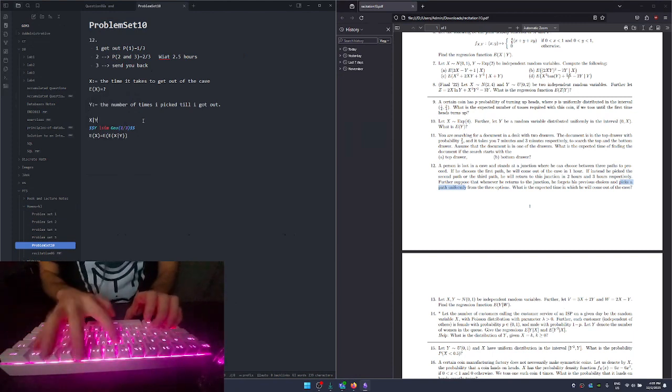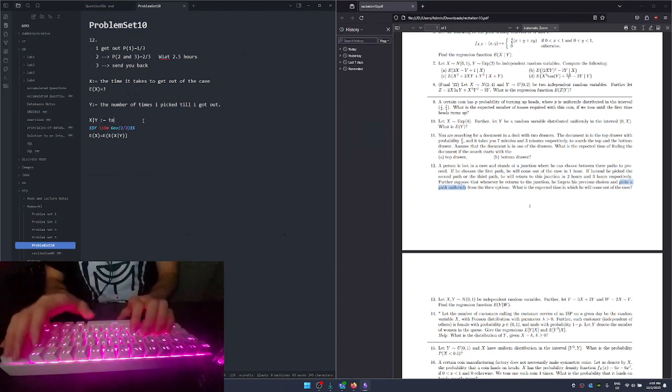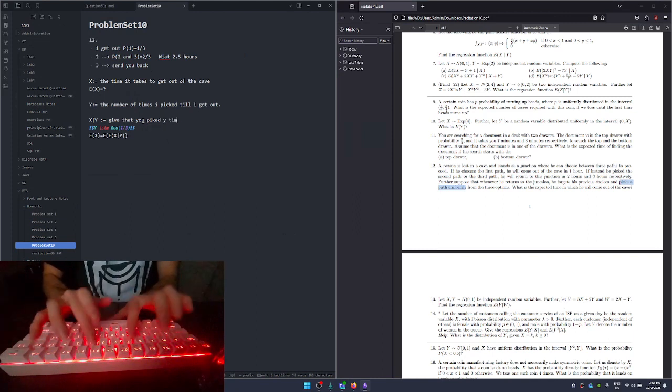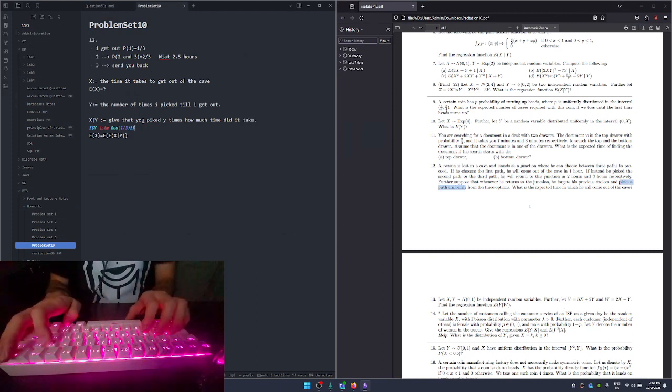What x given y tells you is, given that you picked several times, given that you picked 3 times, or given that you pick y times, how much time did it take?